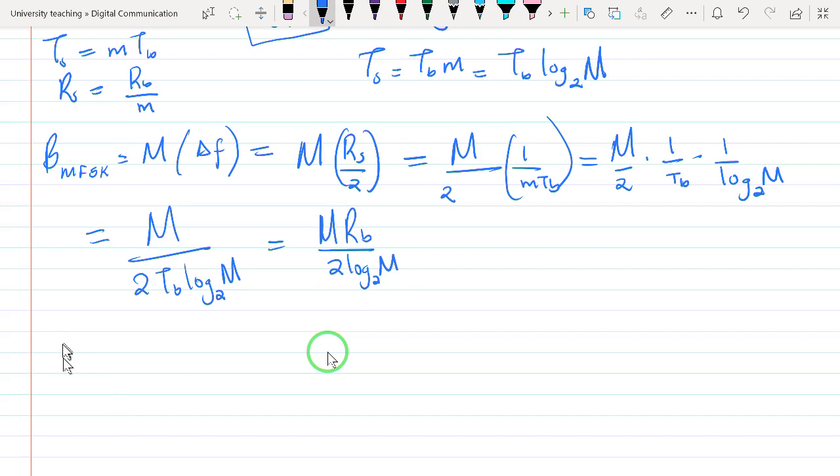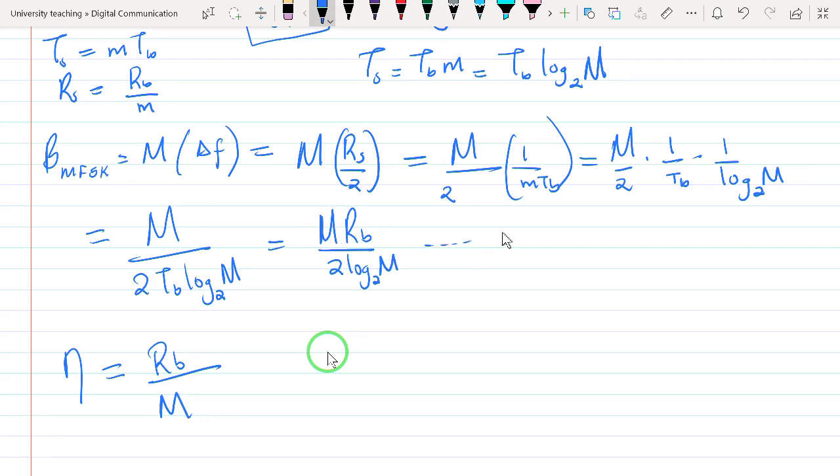So our final question is, how do we evaluate the bandwidth efficiency of M array FSK? We don't know M, we don't know the bit rate. How can we evaluate it? We have already defined the bandwidth efficiency as the ratio of the bit rate, or the rate at which the binary data stream is arriving, which is RB, divided by the channel bandwidth that is required to transmit the M symbols, which we have already found to be given by this equation right here.